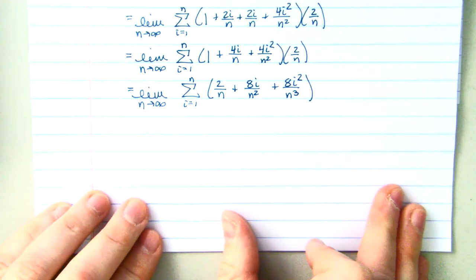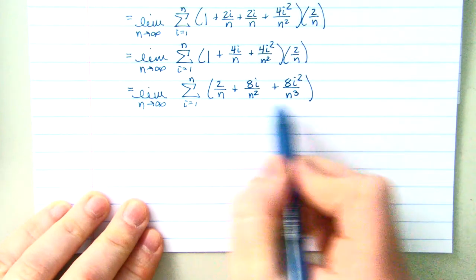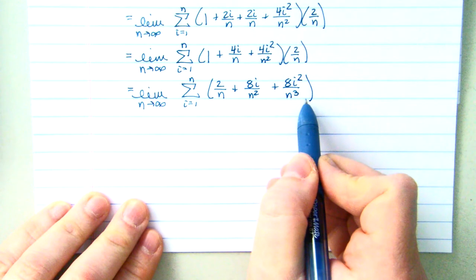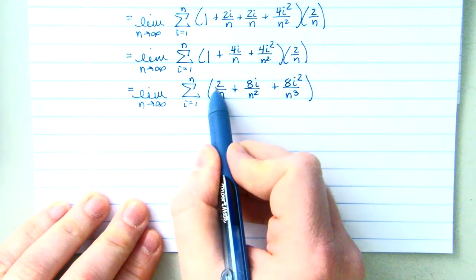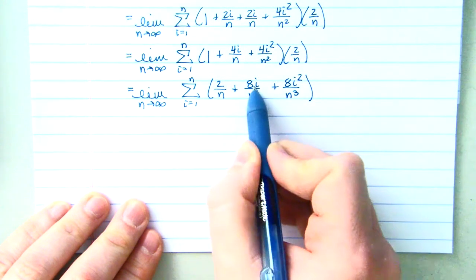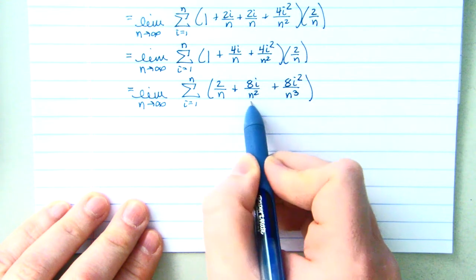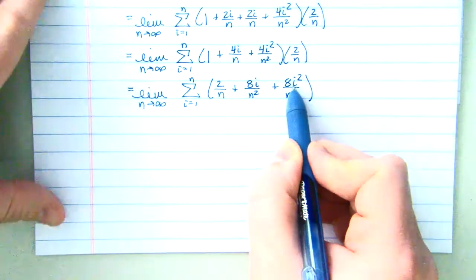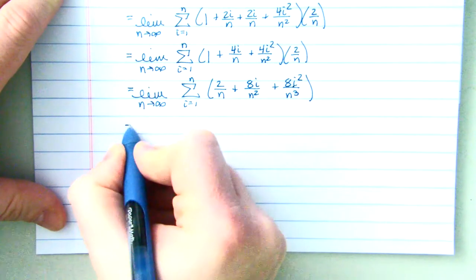I'm now going to separate this into 3 different sigmas. Within each sigma, I'm just going to leave the constant 2, pull out the 1 over n, leave the variable i, pull out the 8 over n squared, and leave the variable i squared, pull out the 8 over n cubed.